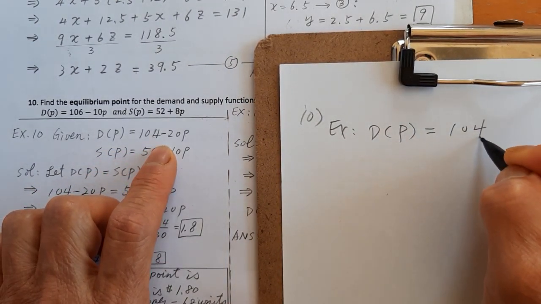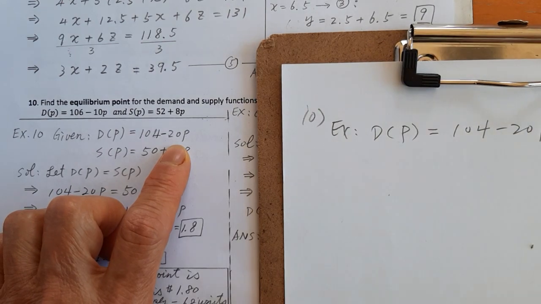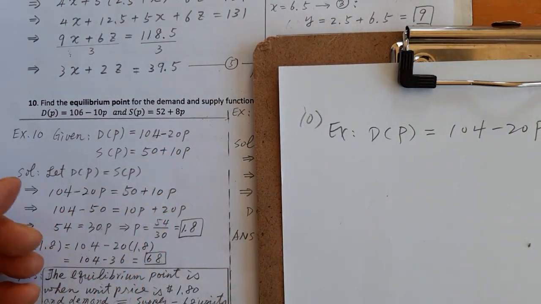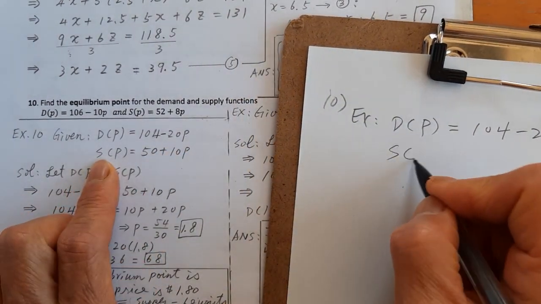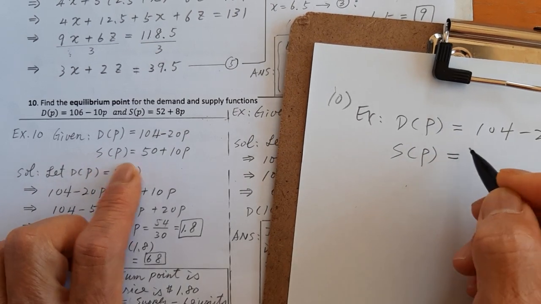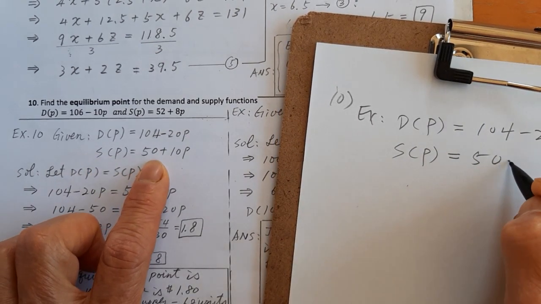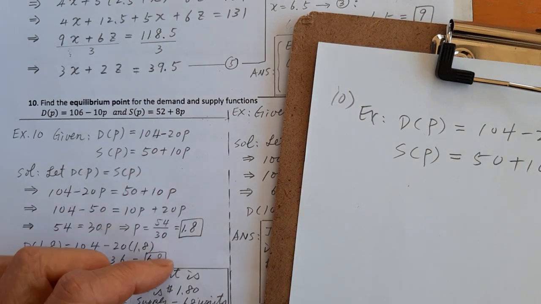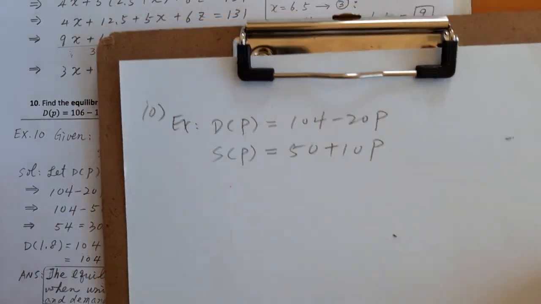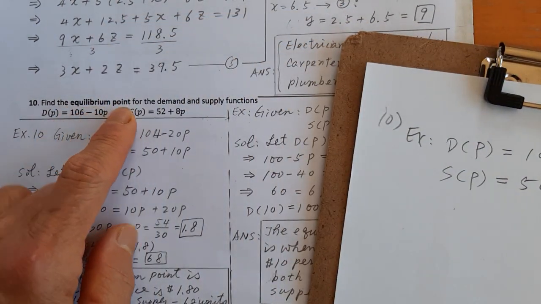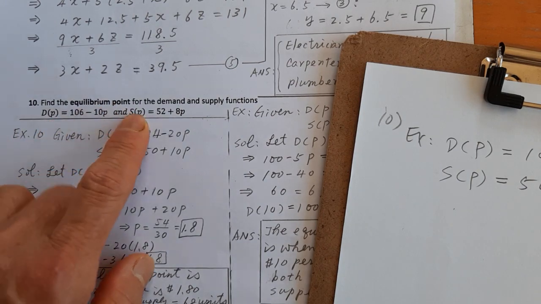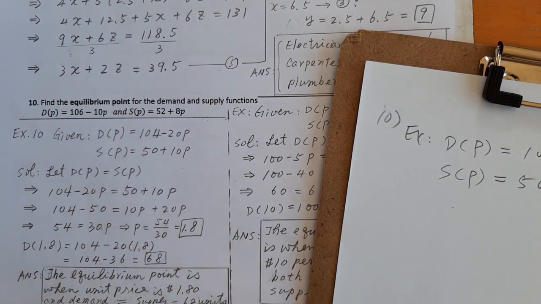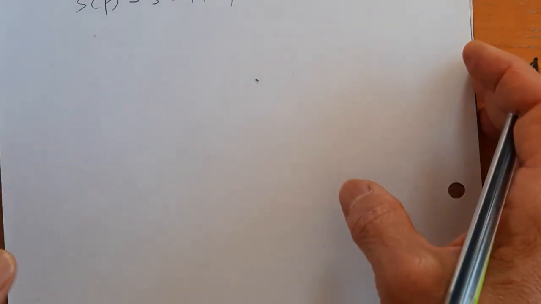It is 104 minus 20 times P, given. Supply is how many units? In terms of price, it is 50 plus 10P. That's the supply. And find the equilibrium point, when demand and supply are equal.